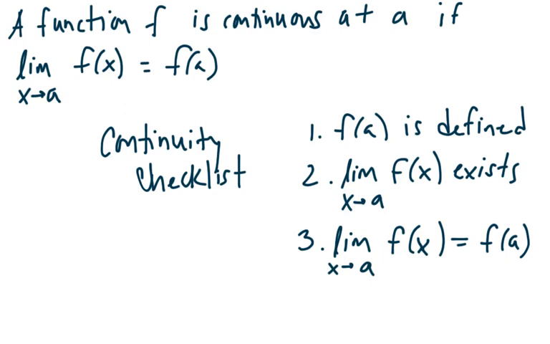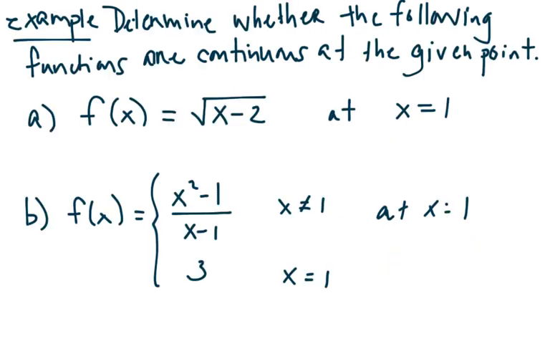Alright, so let's do an example and try to examine some cases where discontinuities occur. So in this first example here, we're asked to determine whether the following functions are continuous at a given point. So for part A, well, I guess for both parts, the point is x equal to 1. What's happening there?